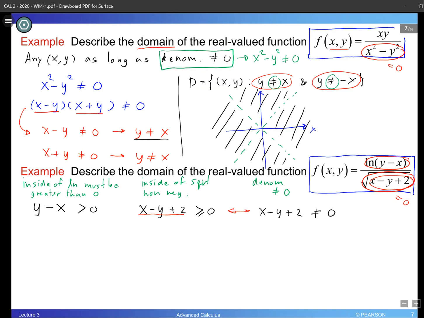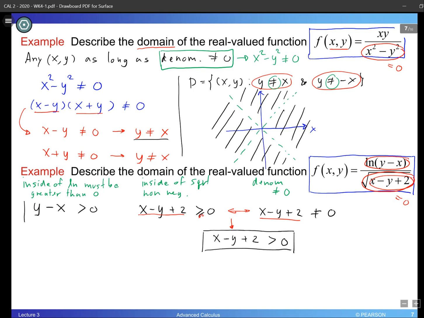But for this one, it requires this term to be not equal to 0. So in the end, you can combine them into one condition, which is x minus y plus 2 greater than 0. The equal is eliminated. So in the end, we have this instead, for the second and third conditions combined.